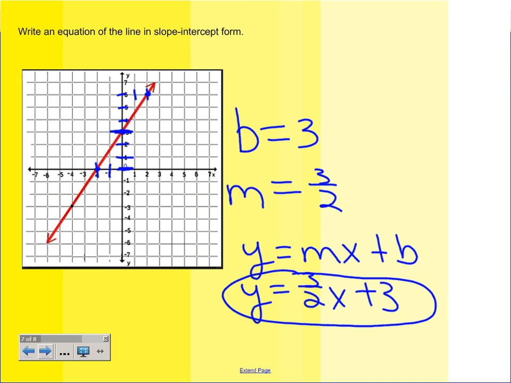So if I do that, then that meant I went down 3, which of course is negative, and then left is also negative, and then that simplifies down to a positive 3/2. So that's just something else to consider in terms of finding your slope. Final answer, y is equal to 3/2 x plus 3.